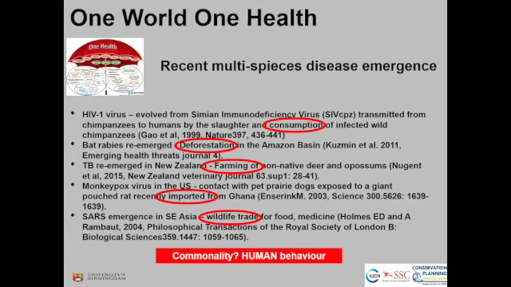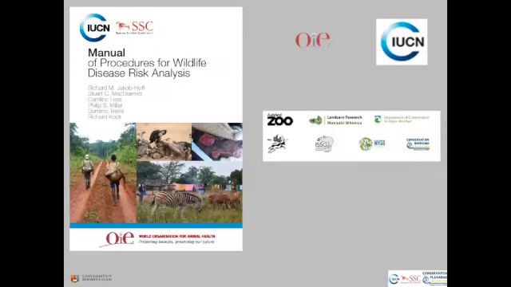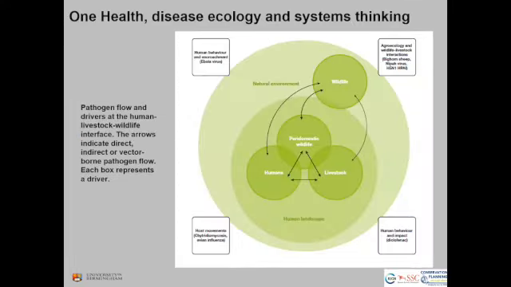So getting here is a human behavior. So the idea of wildlife disease risk analysis, specifically within the DRA field, is understanding that the reason we need tools like this is to provide context to how we as humans behave and approach things.